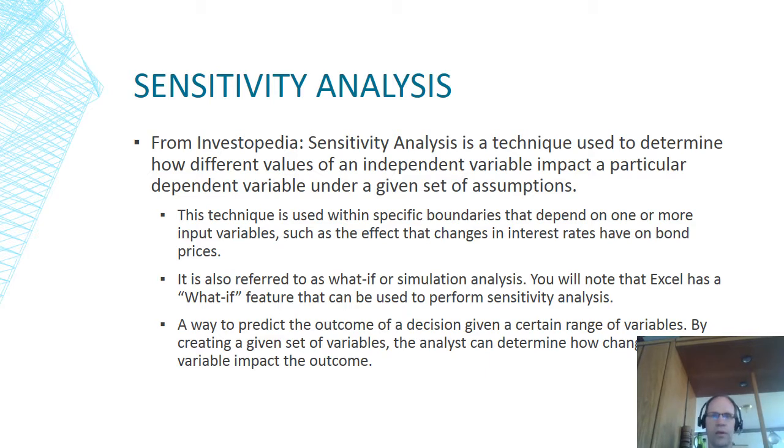Maybe the simpler way to think of it is that it's also called what-if analysis. As I show you the very simple model that I built, that'll make a little bit more sense. In a nutshell, it's a way to predict the outcome of a decision given a certain range of variables.